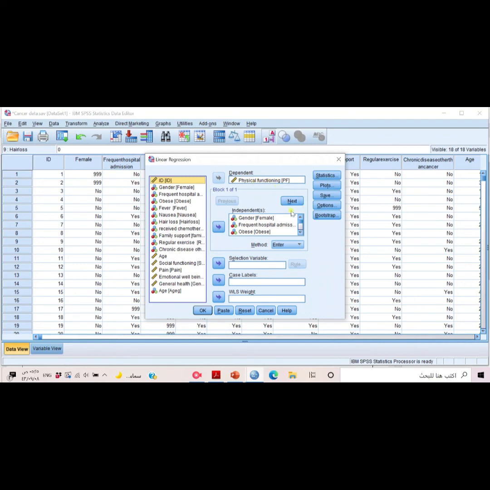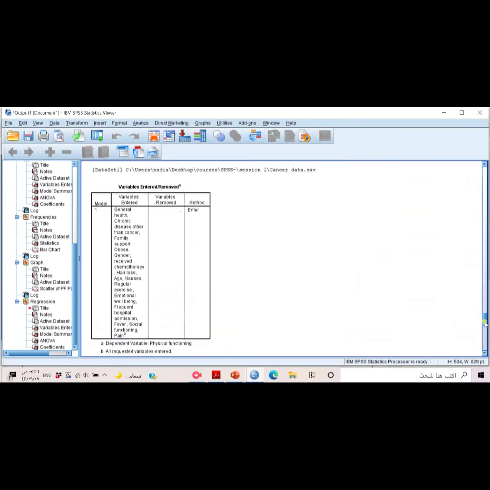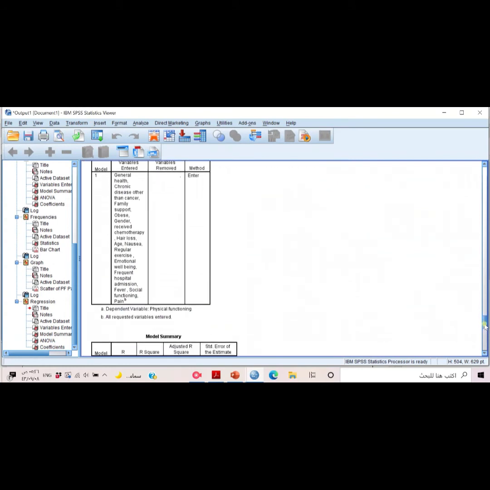Here I will put my dependent variable, which is the physical function. Here I will add the dummy variables and the numerical data. After that, I will press OK.